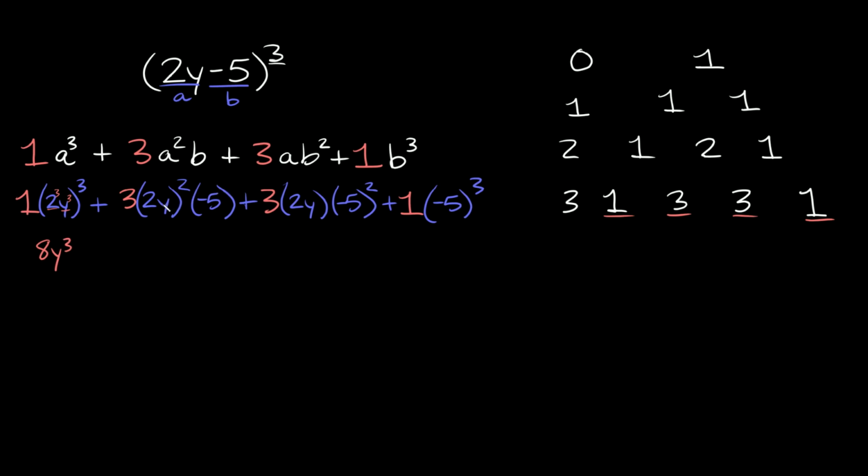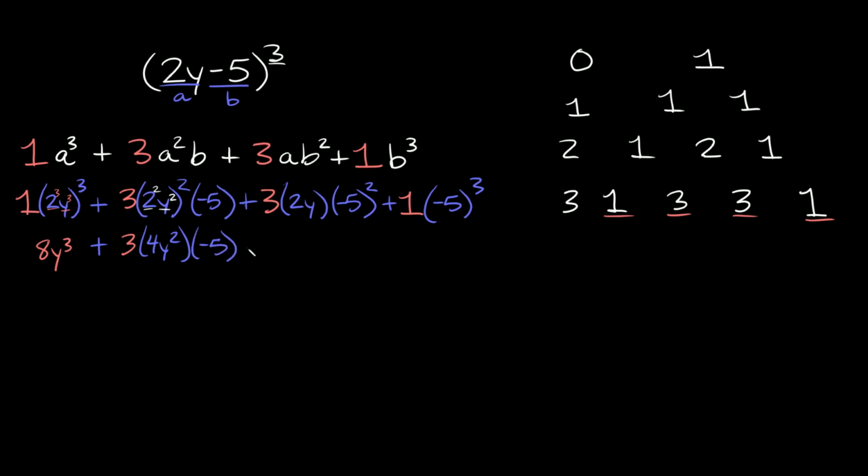Okay, next, here we have a 2 being applied again to the 2 and to the y. So here we get 4y squared. Then we're going to get plus 3 times that, which again is 4y squared times negative 5.